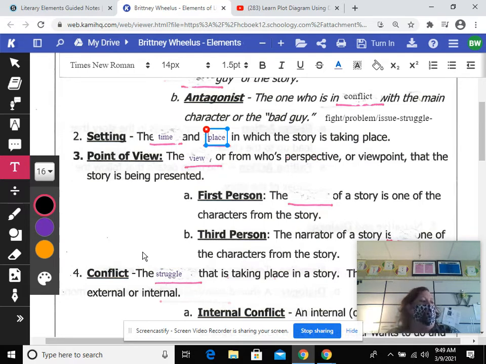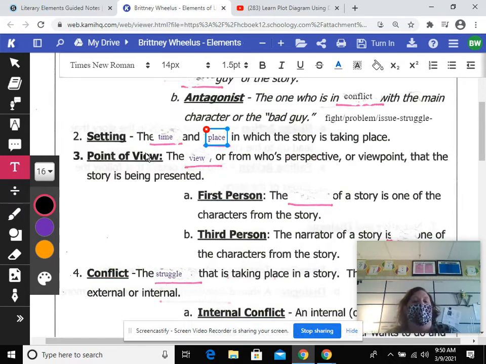Can you get your book out? It's in the first chapter, on about the first or second page. The time period is 1860 and it takes place in Abilene, Texas.